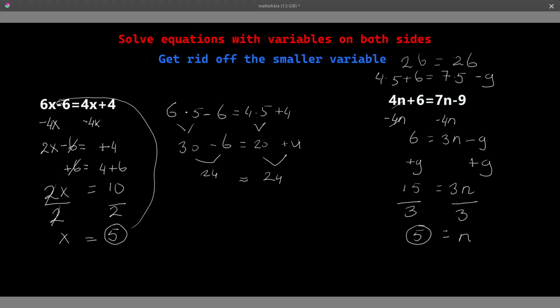So this is the check if our outcome of the variable is correct. Our variable n equals 5 is correct in this case.